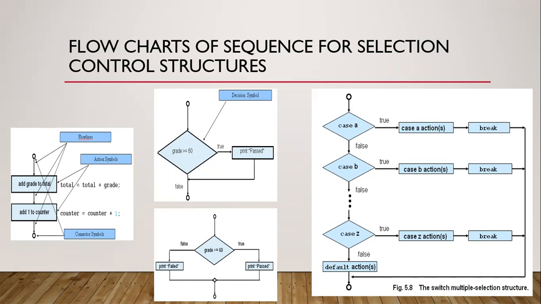flowcharts. Flowcharts are a graphical way of representing the structure of a program. For the sequential flow, you can see here, this is the simple flowchart. The beginning of the program here, one block here represents the task, then the arrow represents the flow of control.